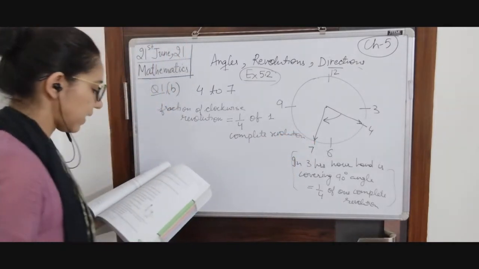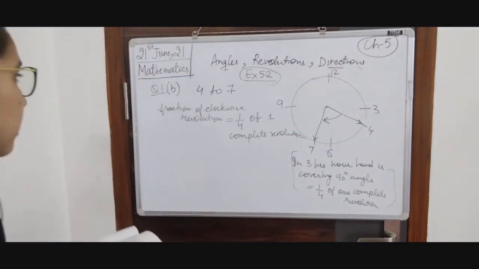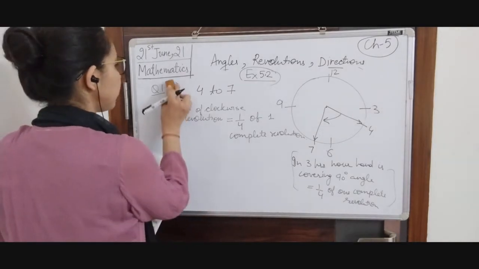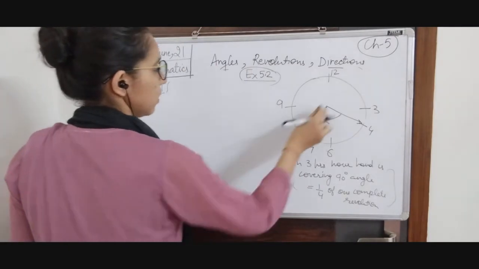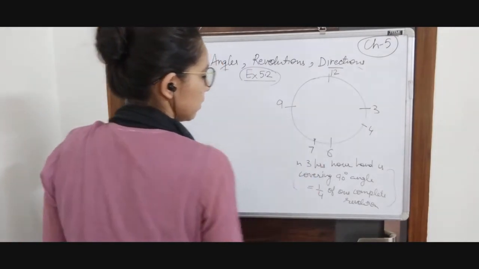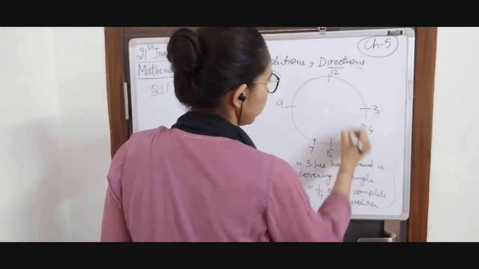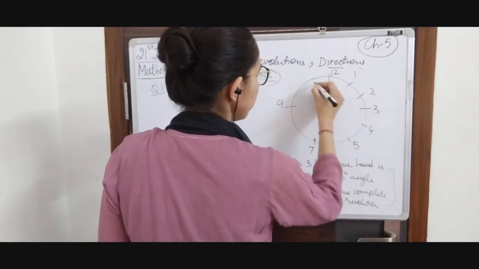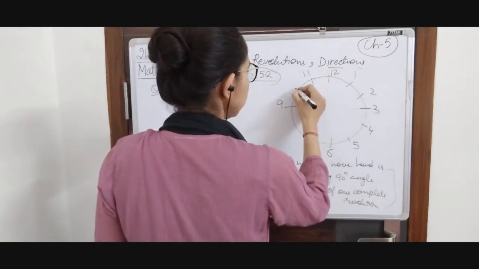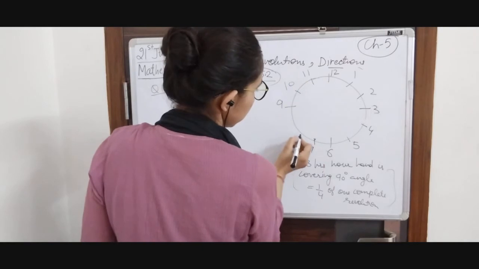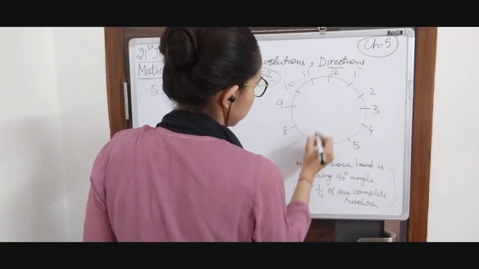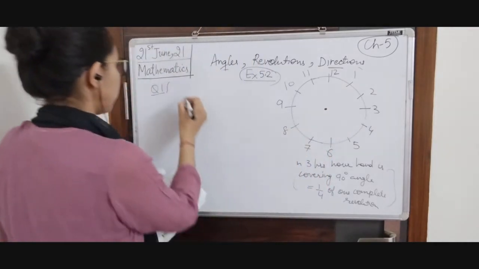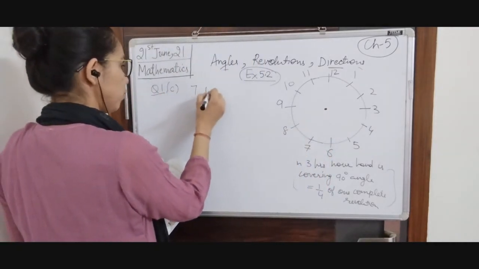Okay. Second is 7 to 10. Third, C part is 7 to 10. So if we are going to write all the numbers here, 1, 2, 11, 10, 8, 7. This is the center. C is our 7 to 10.